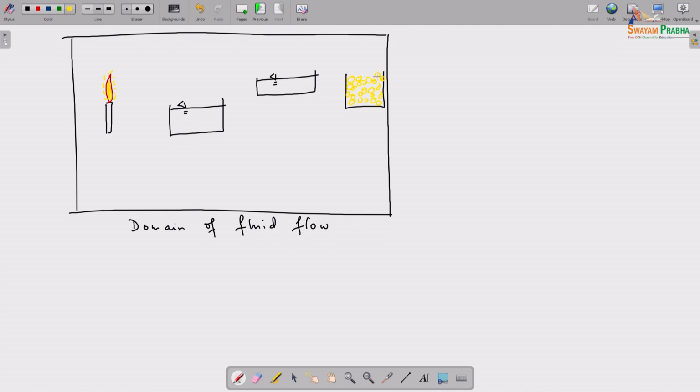Okay. So, now I am going to call these locations. This is x1, t1. Let me first draw an axis system, which is essentially like this.